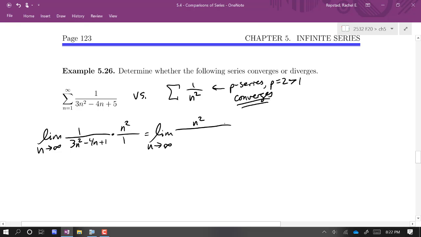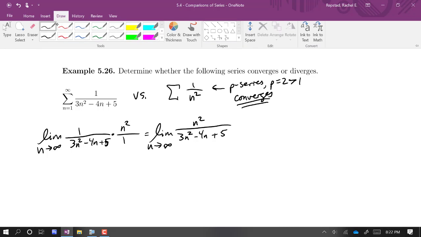I'm going to write it as a single fraction first. Plus 5. I don't know why I wrote plus 1 there. So this is our limit that we need to evaluate.